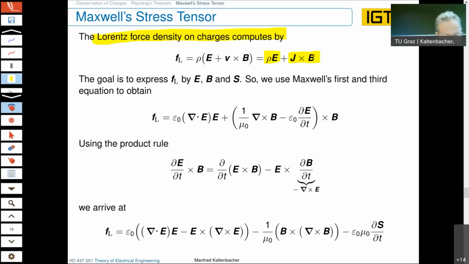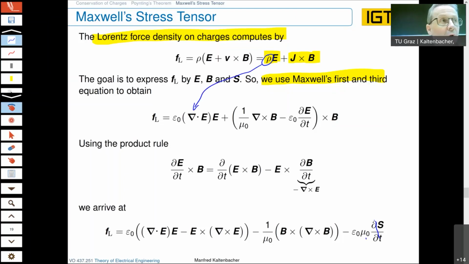And now, when we use Maxwell's equations, and that will be our starting point, we start with our standard expression for the Lorentz force, and then we put in Maxwell's equations and want to get at the end an expression in terms of the electric field E and the magnetic field B. So in a first step, we use the charge density and put our Gauss law in here.